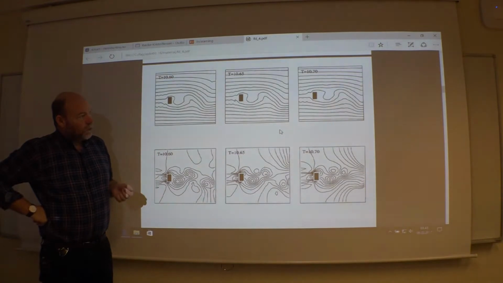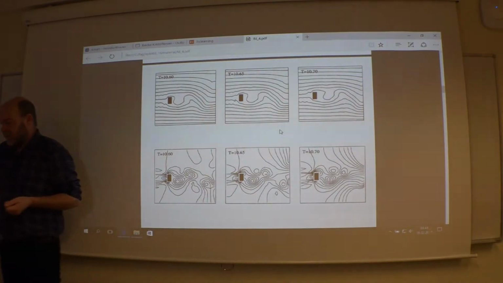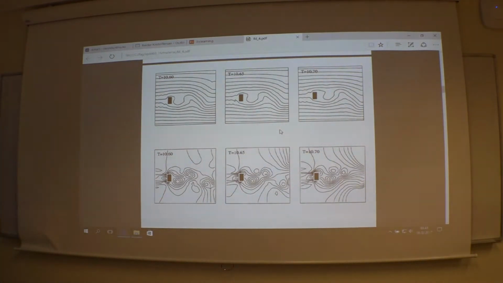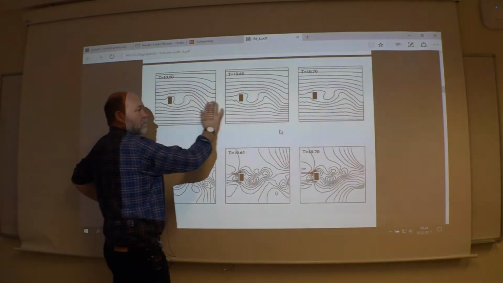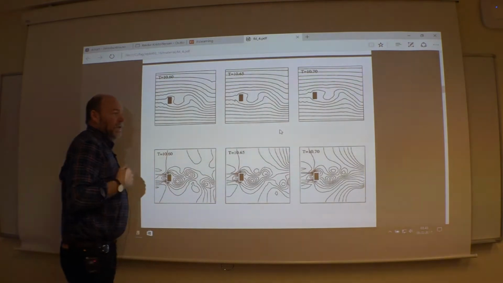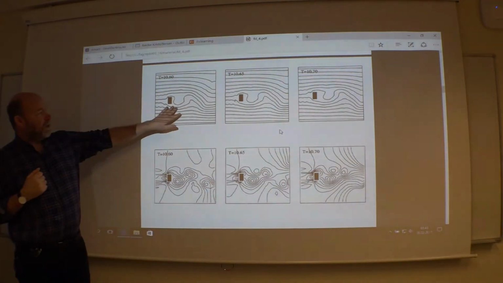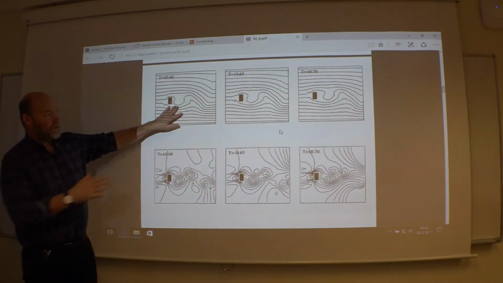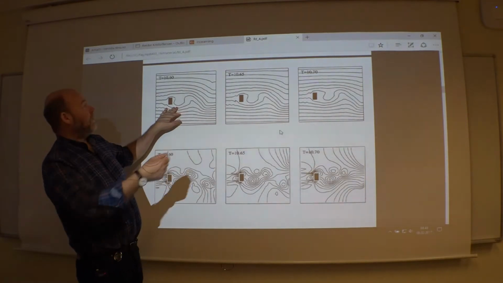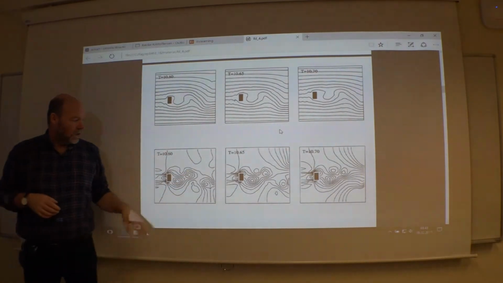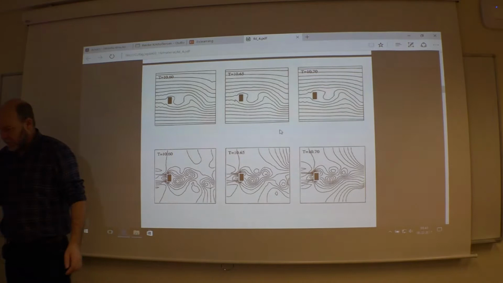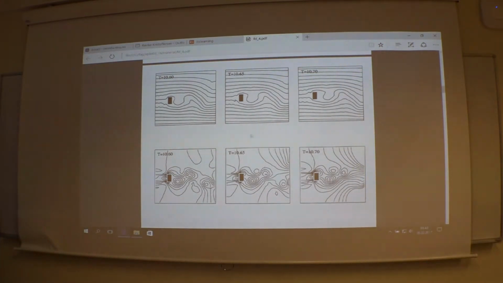So the question now, how to find this frequency? You could have made a lot of these different plots and then see when you can find this picture repeating itself, and then take the time difference. So I tried to do that.